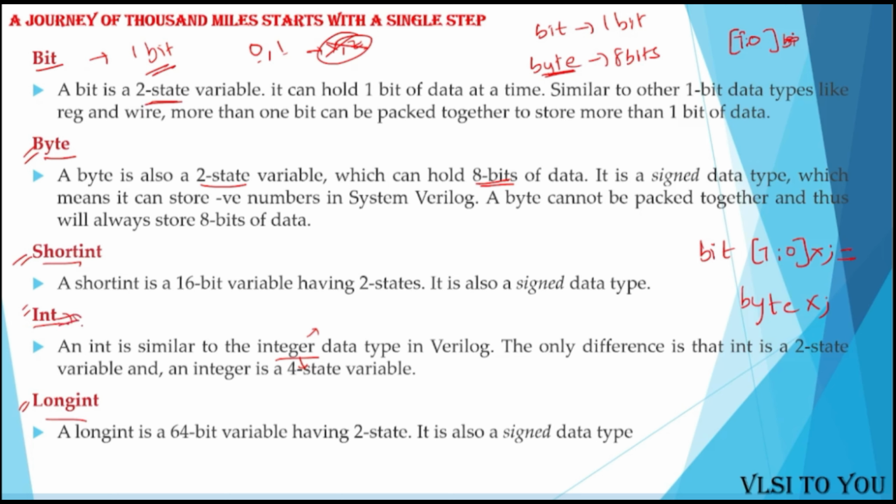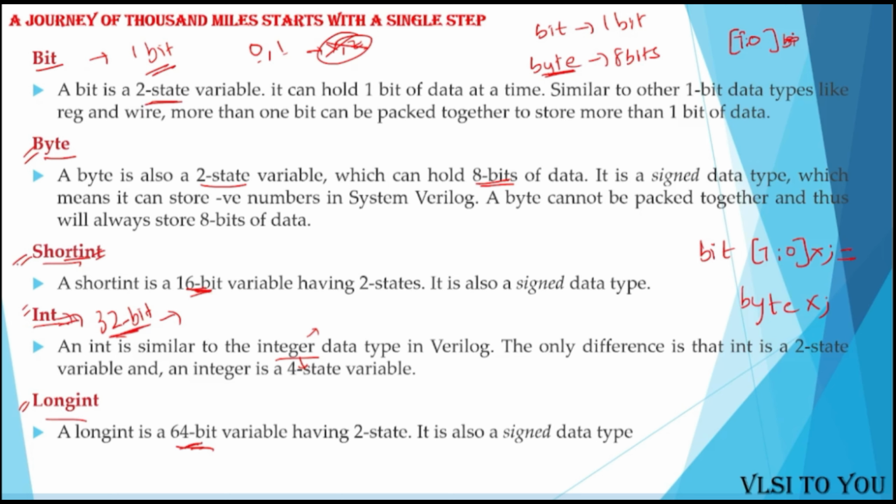So by default int can hold 32-bit values. Half of that is shortint, 16 bits, and double of that is longint. You can just remember it like that. That means longint can hold 64 bits, shortint can hold 16 bits, int can hold 32 bits.